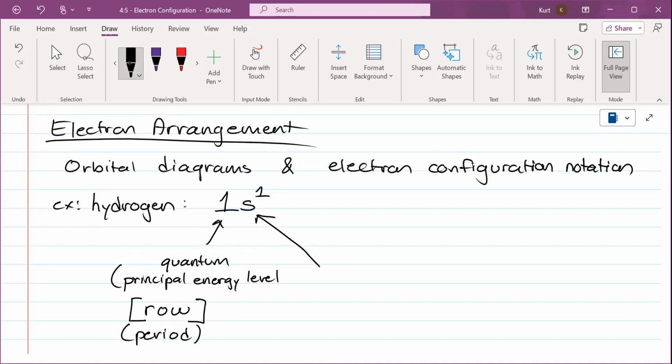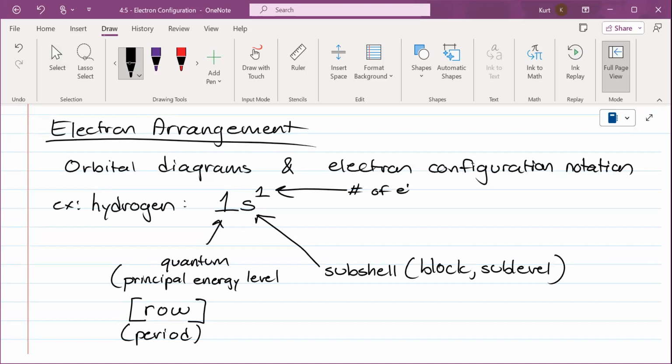The S stands for the subshell or the block. And this is also called a sub-level. And that little 1 right there is the number of electrons in that quantum level and subshell.